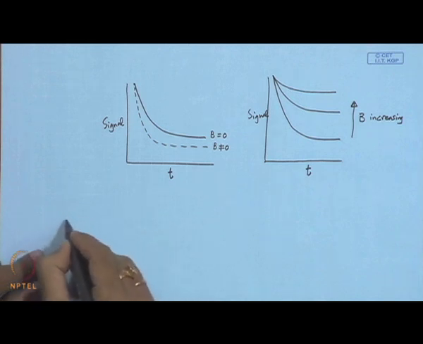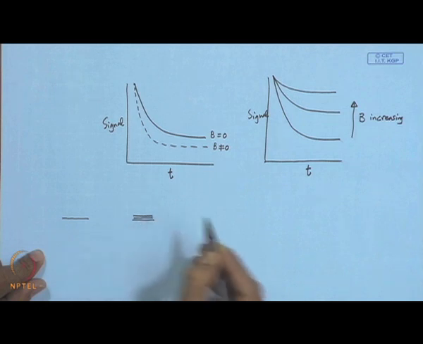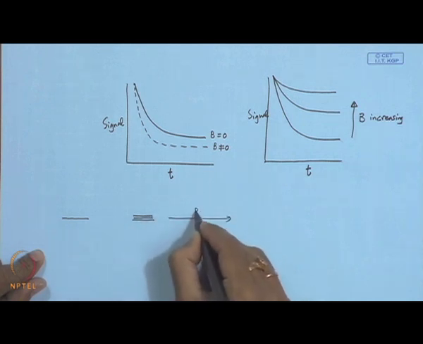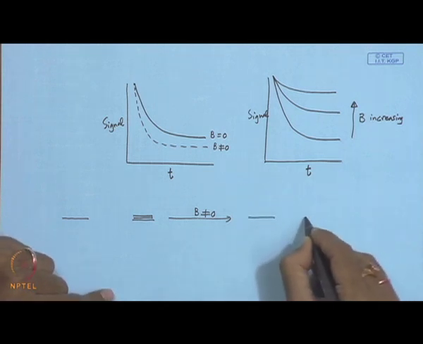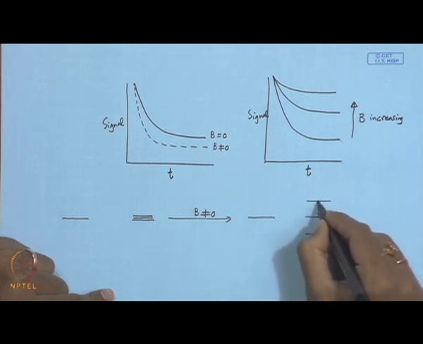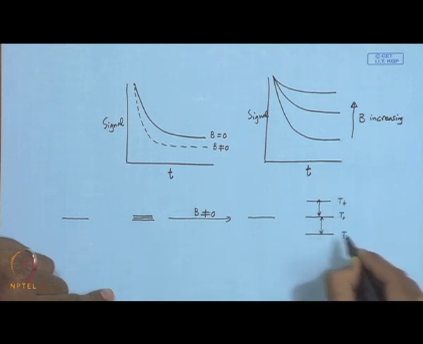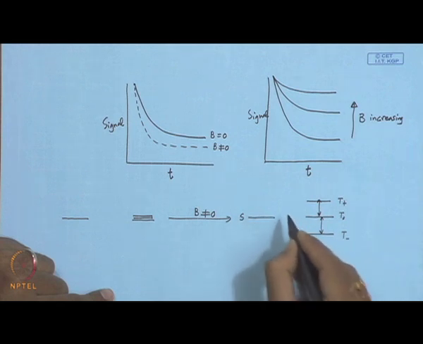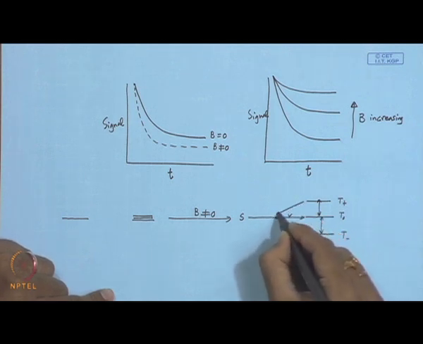Okay, so that means you have got this energy level diagram. In absence of external magnetic field, you apply B not equal to 0, then you have this option: T0, T plus, T minus, and this is your S. So this channel remains open, and depending on the field strength, these channels are progressively blocked.